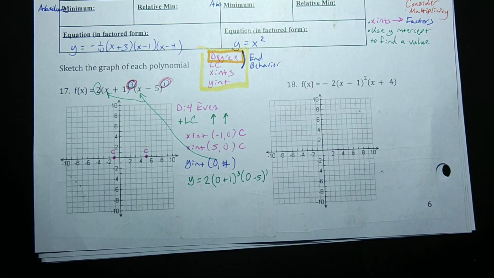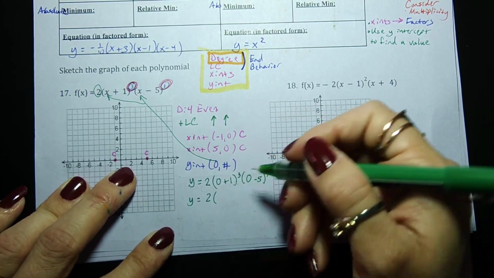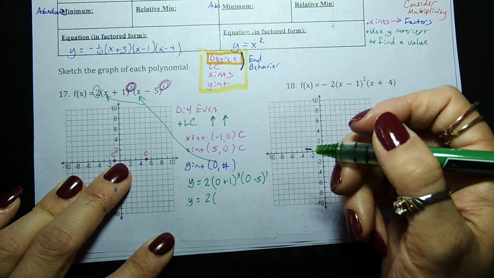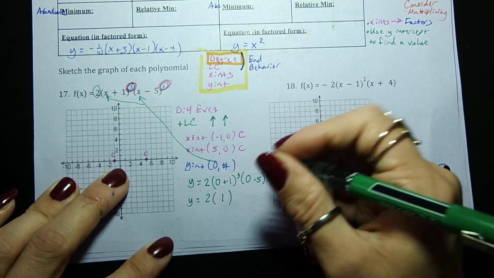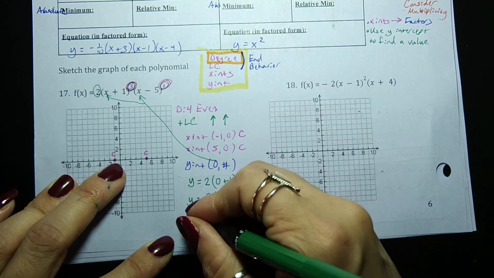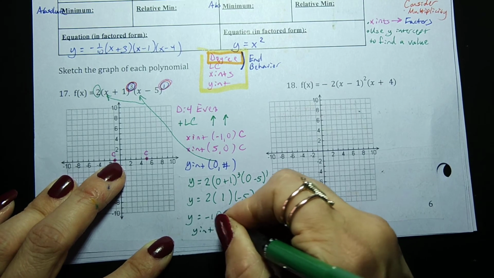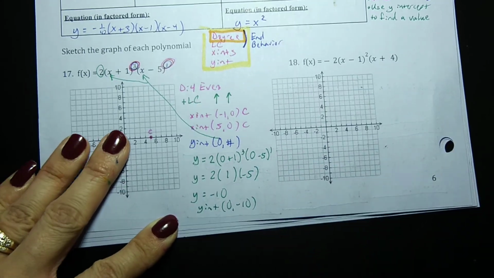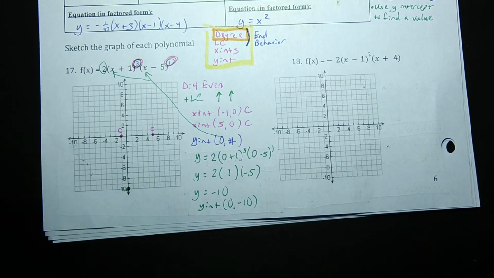And now we've got to make sure that we're following PEMDAS. So parentheses, then exponents. 0 plus 1 is 1. 1 cubed is 1. 0 minus 5 is -5. -5 to the first is -5. So then y equals -10. So my y-intercept is (0, -10).